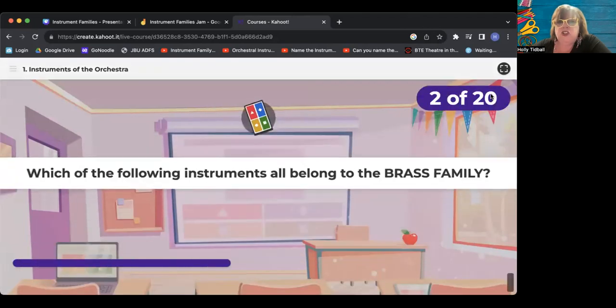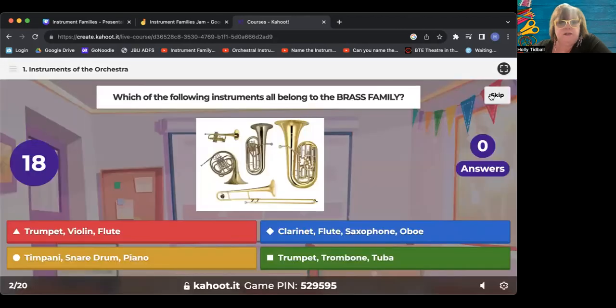Which of the following instruments all belong to the brass family? We're going to have to answer several. The brass family. The trumpet, yes. The violin, no, that's string. Timpani, no, that's percussion. Clarinet, no, that's woodwind. Trumpet, trombone, tuba. That's it.